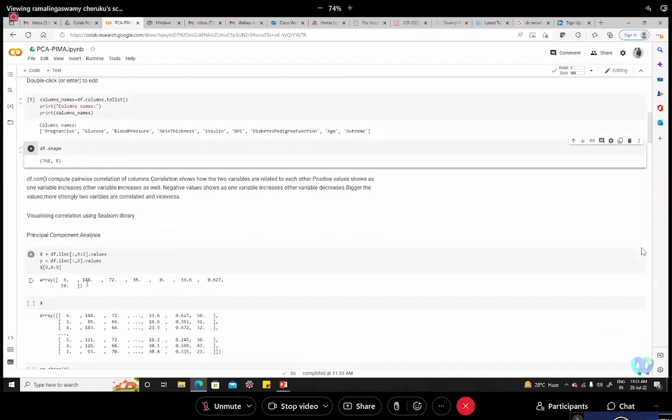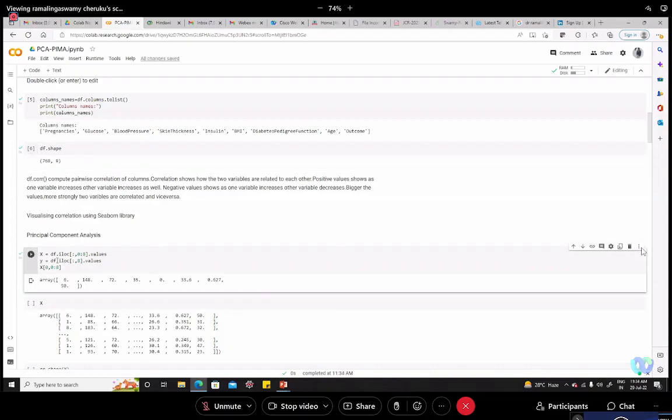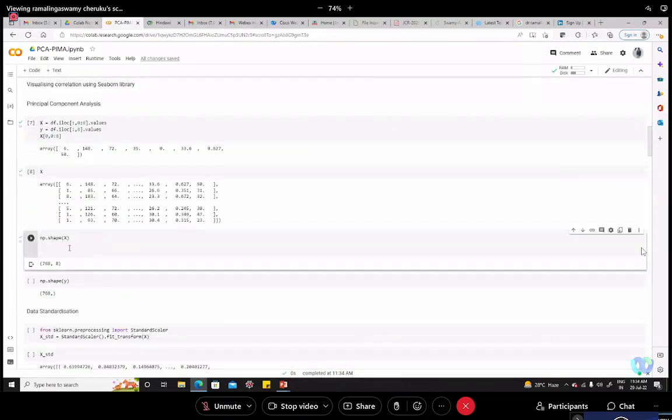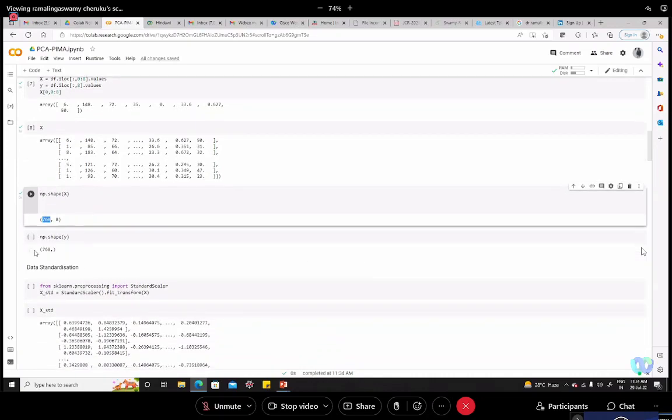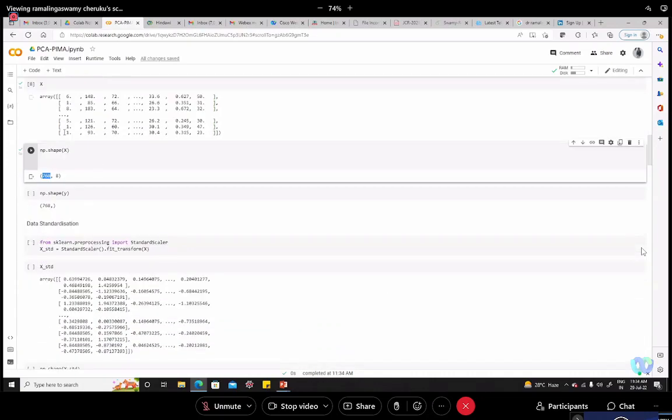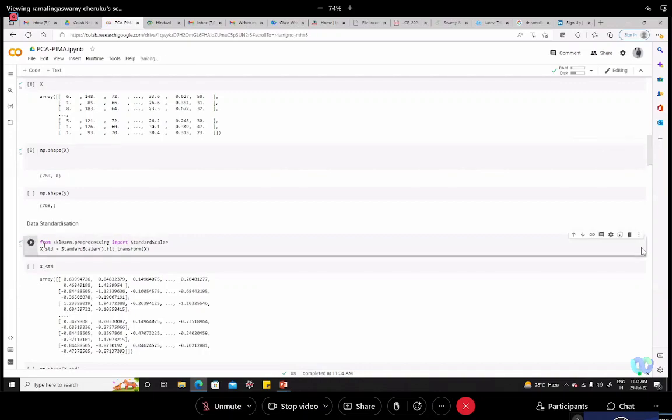For PCA implementation, you don't require the class label. So I am separating the class label into y and putting all the features into X. X will contain information without the class label. If you check the shape with numpy, instead of 768 by 9, it is now 768 by 8 only. Now, as I said, for PCA, standard normalization is required.